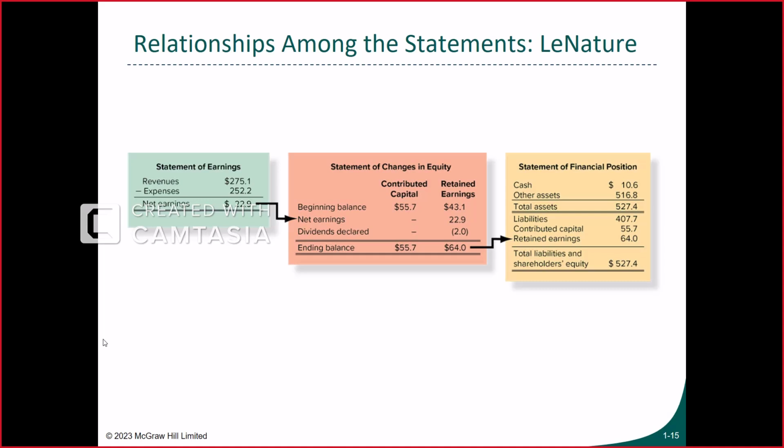Total liabilities plus shareholder equity, exactly the same amount: $527,400. So the statement of financial position always needs to be balanced. What does it mean? Balanced means total assets should always be equal to total liability and shareholder equity. Any question?